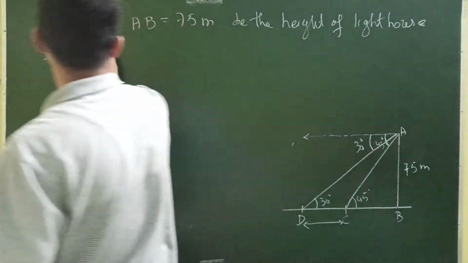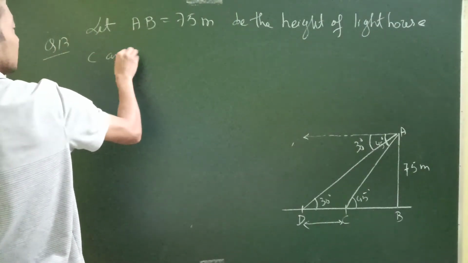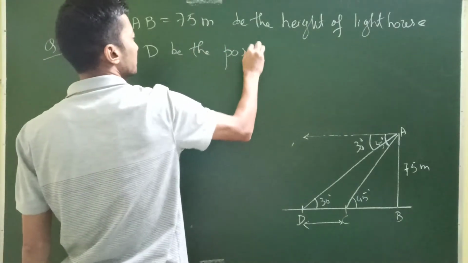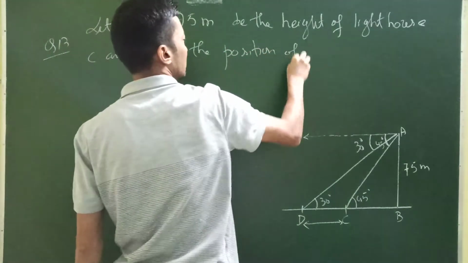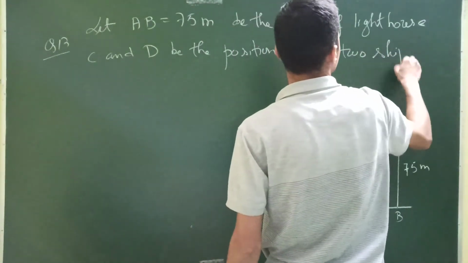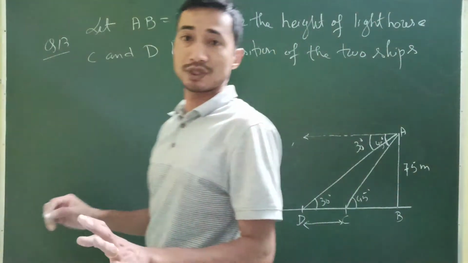Then C and D be the position of the two ships.